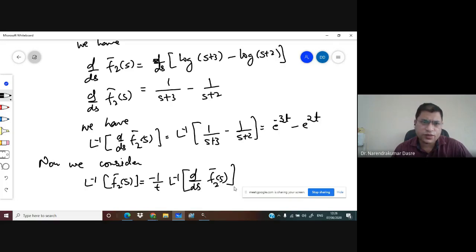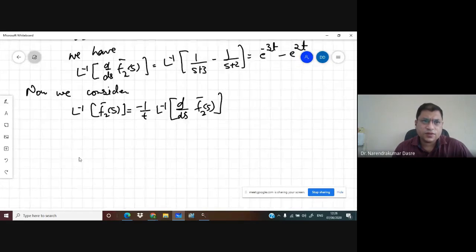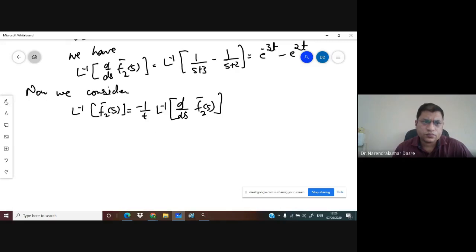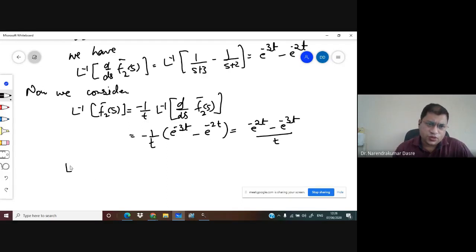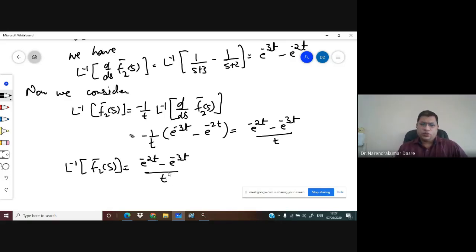We have already calculated this, so we get minus 1 by t times (e raised to minus 3t minus e raised to minus 2t), and this is equal to (e raised to minus 2t minus e raised to minus 3t) upon t. So this is your f2 of t.